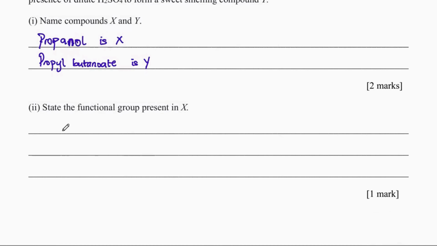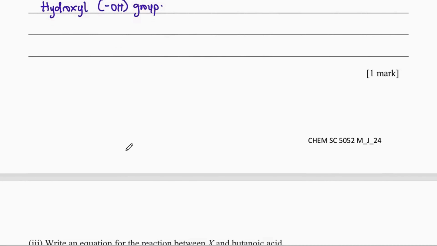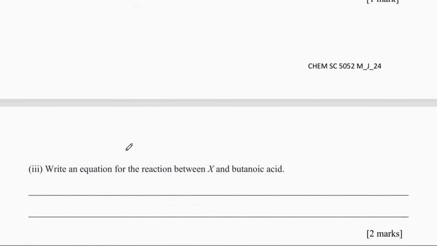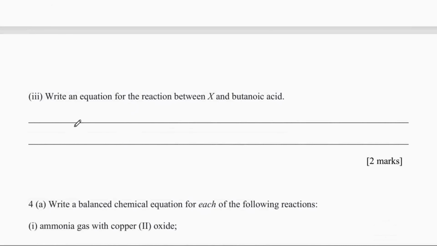So the next question says, state the functional group present in X. We can see it's an alcohol, and the functional group is the OH group, which is called hydroxyl group. Now the next question is write an equation for the reaction between X and butanoic acid.